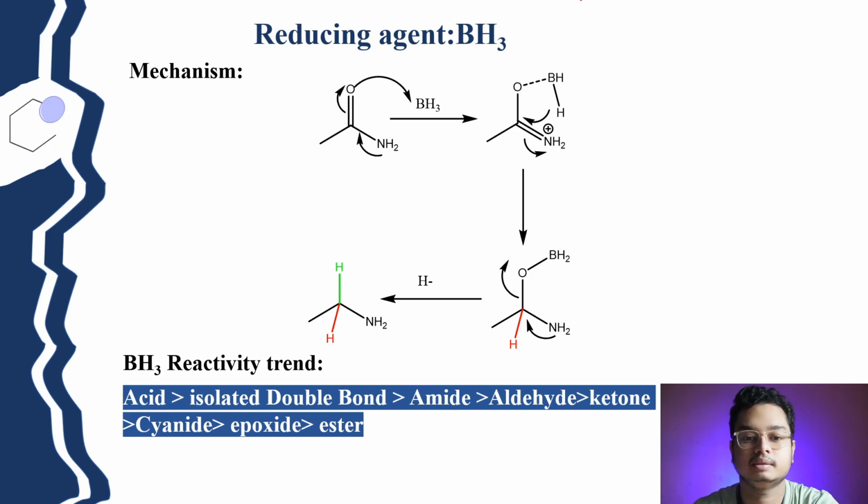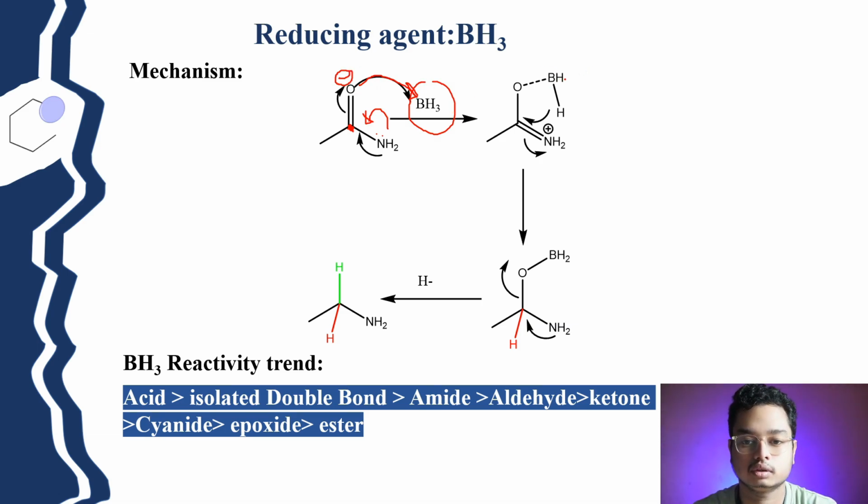The mechanism is simple. Since BH3 is electrophilic in nature, the lone pair of oxygen coordinates with this particular BH3. In the presence of amide, this oxygen is much more facilitated to donate the lone pair, because the amide nitrogen also donates its lone pair to get a partial double bond type of character here, and this bond becomes much more donatable since the negative charge comes here, so it will donate to boron to make the chelate.